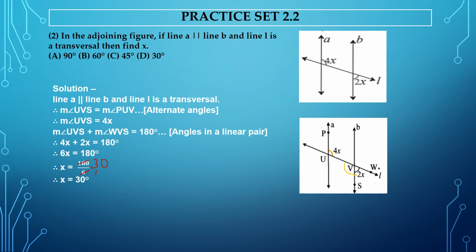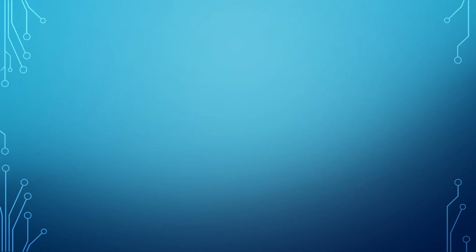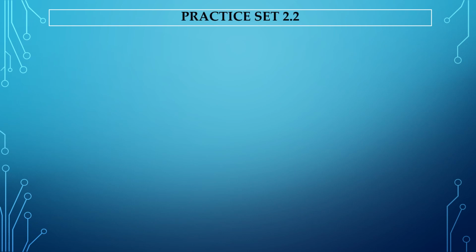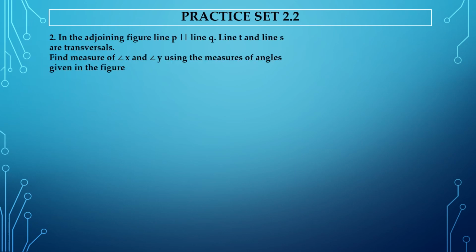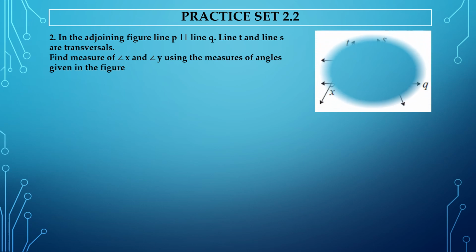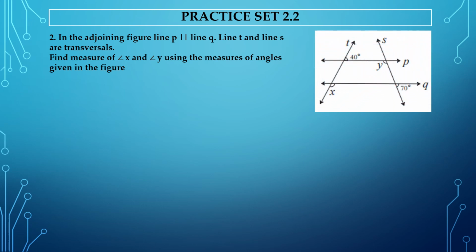Now students, we'll move to question number two. The previous one was question number 1, a multiple choice question. Now what is given in question number two? In the adjoining figure, line P is parallel to line Q. Line T and line S are transversals. You can see in the figure that lines P and Q are parallel, and two transversals, line T and line S, are given.